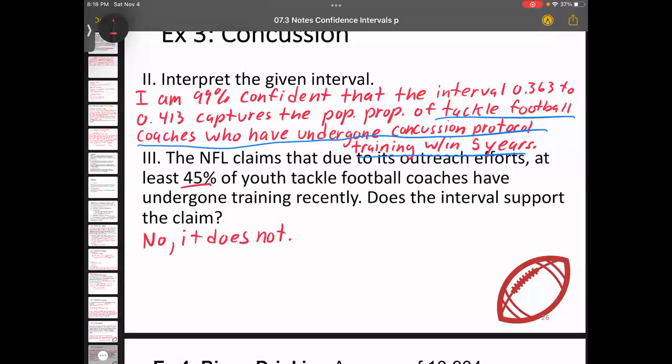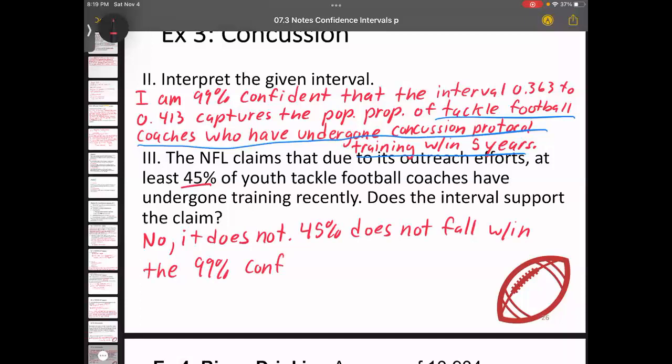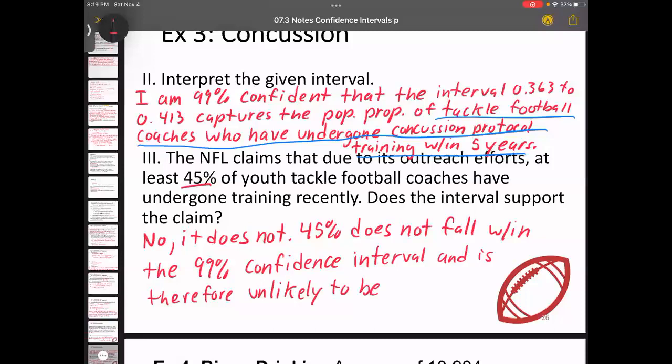And to elaborate further, to give some context aside from a yes or no answer, you would say 45% does not fall within the 99% confidence interval and is therefore unlikely to be true.